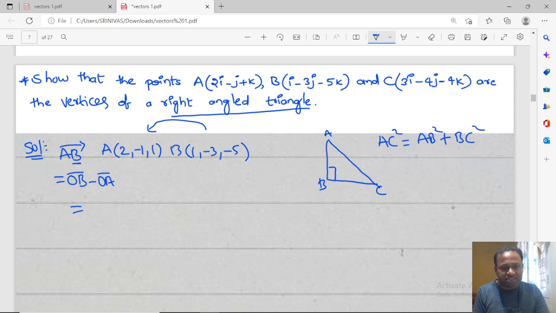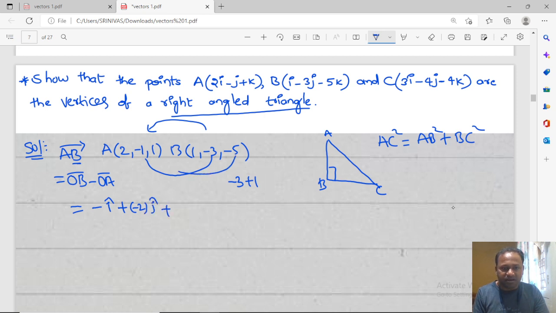What we get? 1 minus 2 will be minus 1 i cap. Next after that, minus 3, minus in minus plus 1, what we get? Minus 2 j cap.